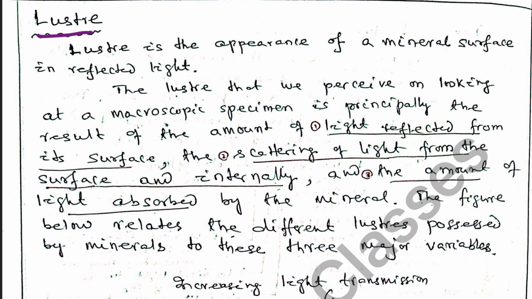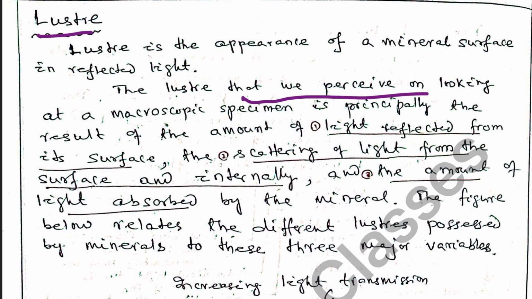Luster is the appearance of a mineral surface in reflected light, or how the reflection takes place over the mineral surfaces. That is described in terms of luster, or we can say it is the shining property of the minerals.